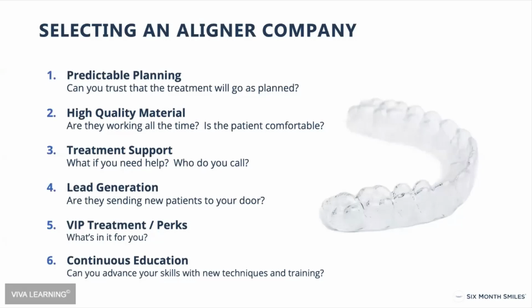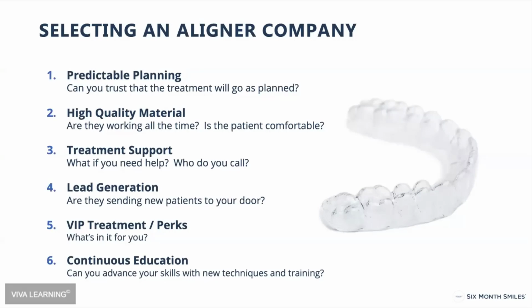Somebody that offers you VIP treatment or perks, you know, the more cases that you do, perhaps you can get some discounts, you can buy them up front and have a benefit, whether it's financial or educational. It's very important to consider that when selecting an aligner company.